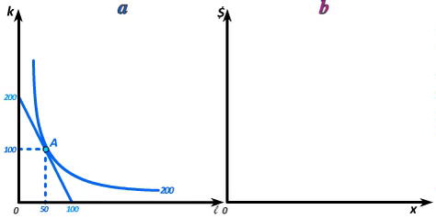The least cost way of producing 200 units of output is then given by the tangency of the appropriate isocost that has a slope of -2 with the isoquant for producing 200 units of output. This occurs at production plan A, where we're using 50 hours of labor and 100 units of capital to produce 200 units of output.